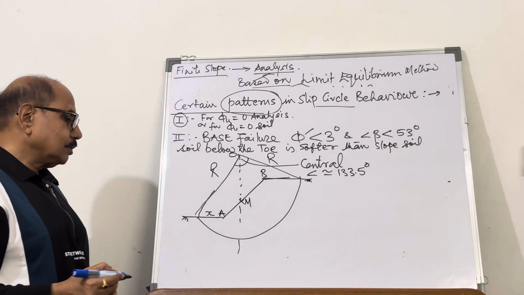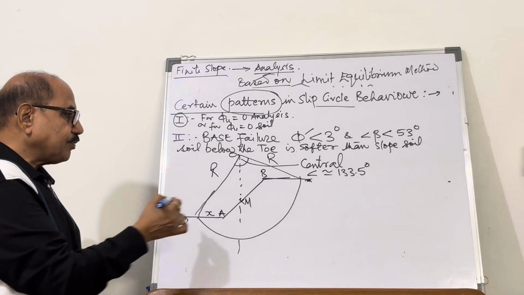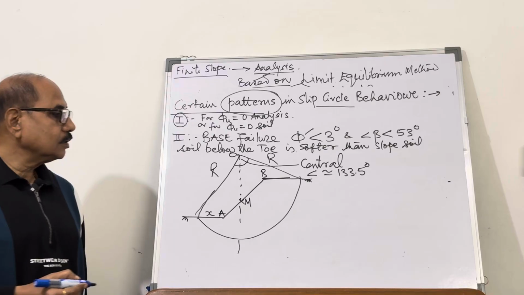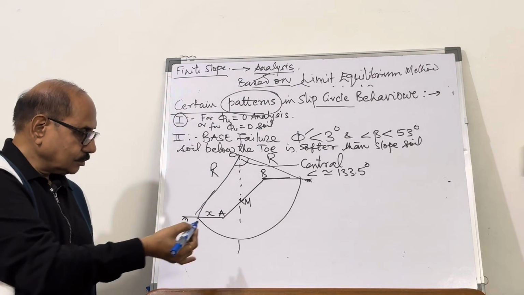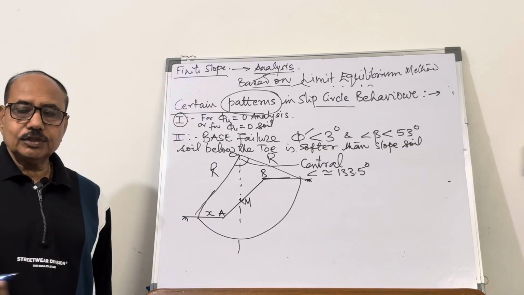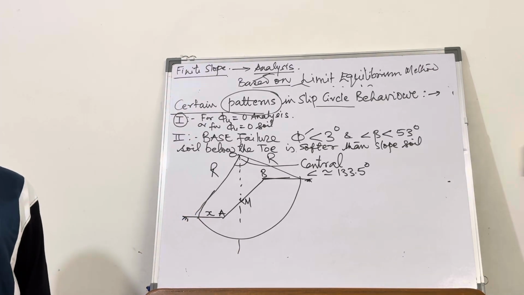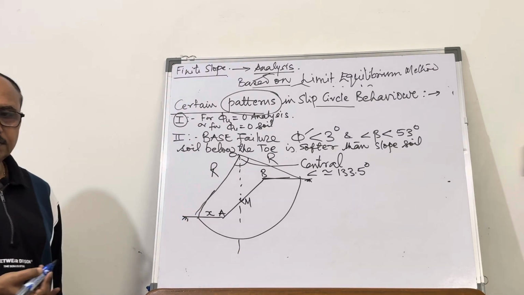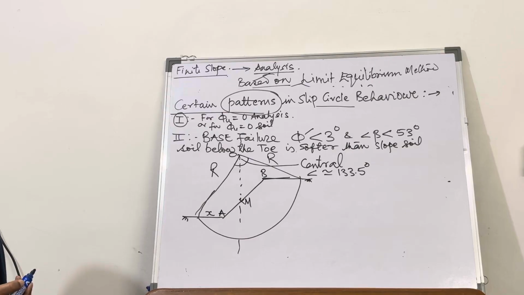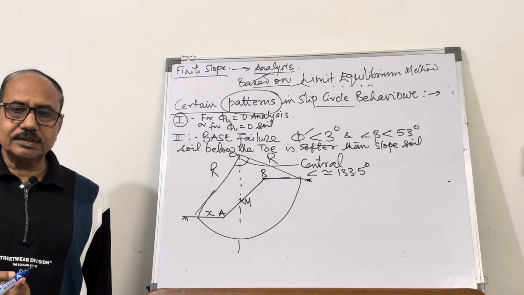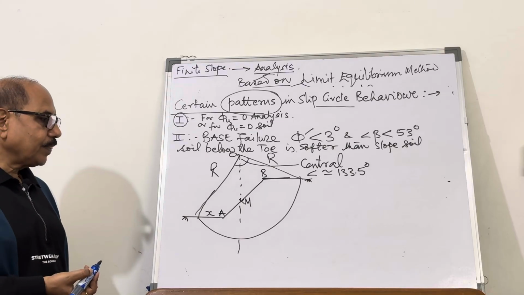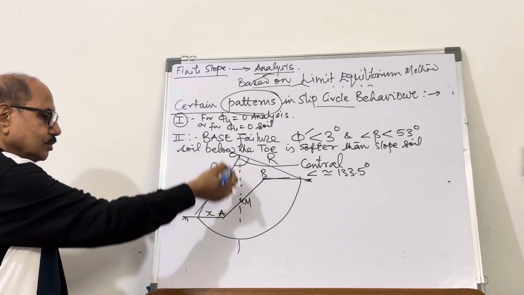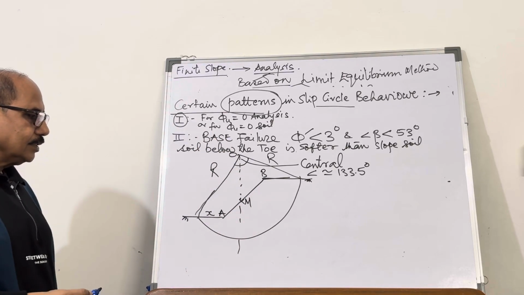And therefore, if it is a base failure, the soil is homogeneous, but below the toe it is a softer soil. Then in that case, the central angle is approximately 133.5 degree, and it is going to be on the midpoint.